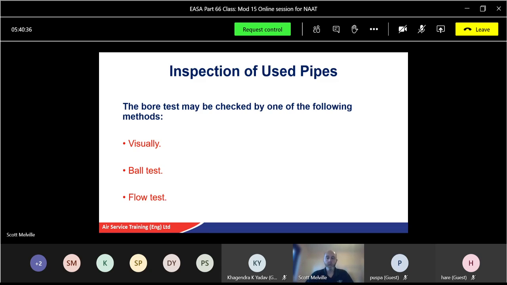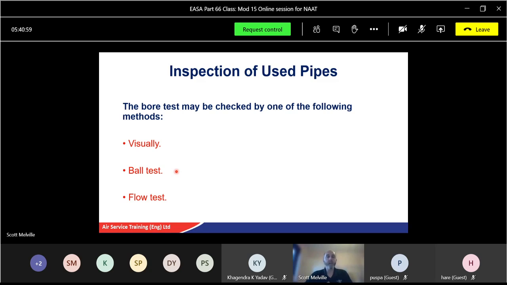The ball test, what we mean is we put literally a ball that is 90% the diameter of the pipe. So it's a tenth less than the diameter of the pipe. You put a ball down it, and it should come out with no problem at all. The reason it has to be 90%, not 100%, is because 100% wouldn't fit.